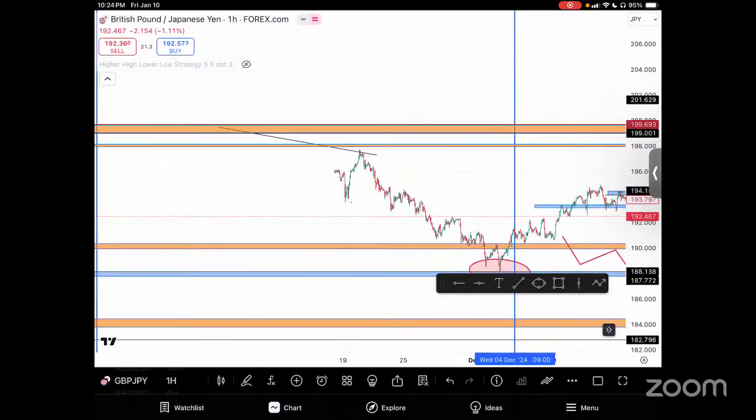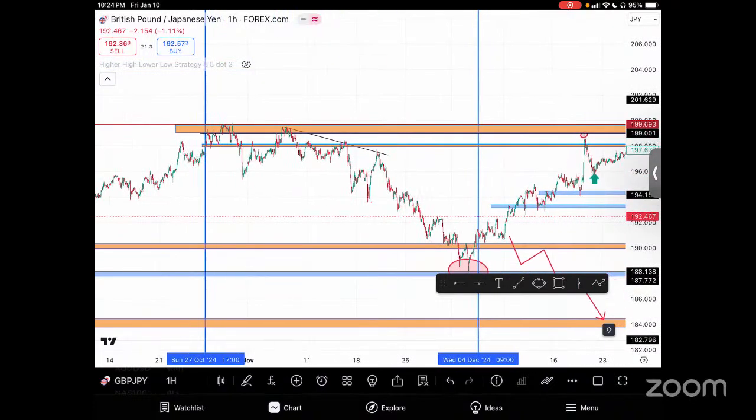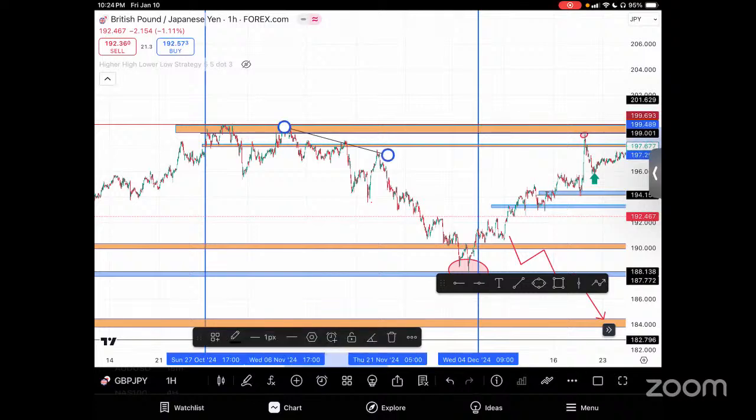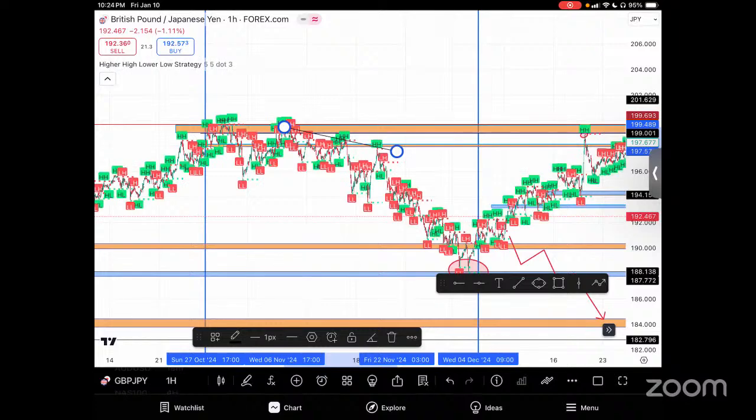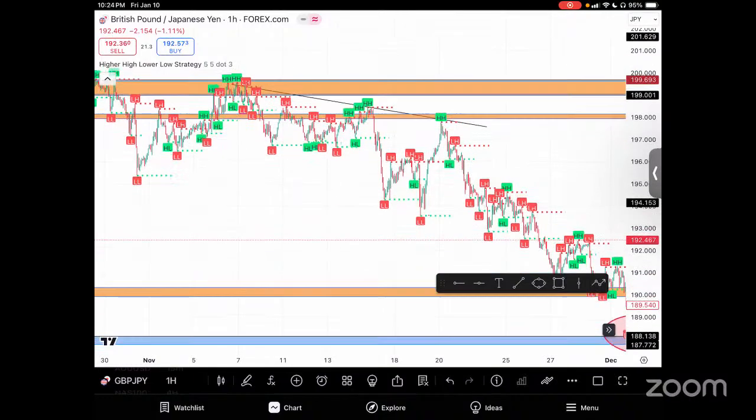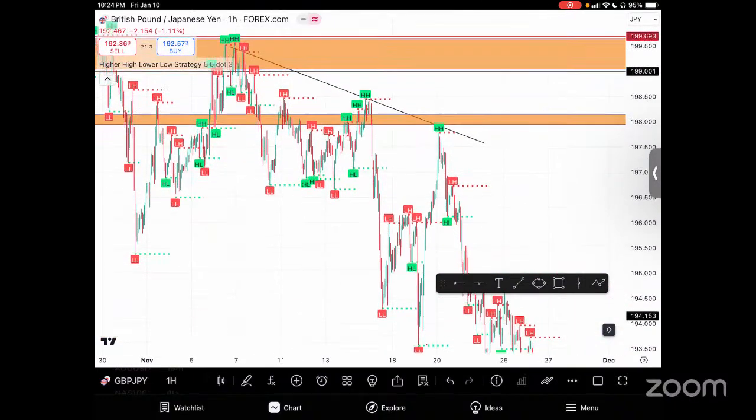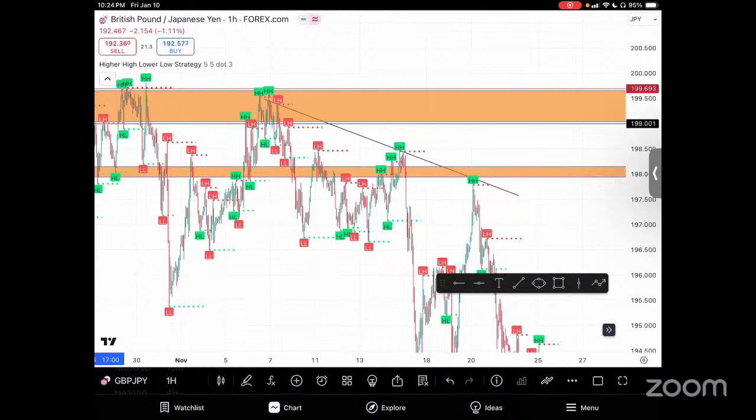Can you see the same story that we looked at on the 4 hour being told on the hour? It's a little different, right? But it's still the same story. No matter what time frame you're on, market structure is market structure.